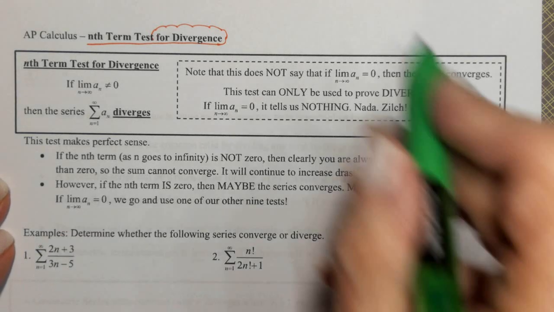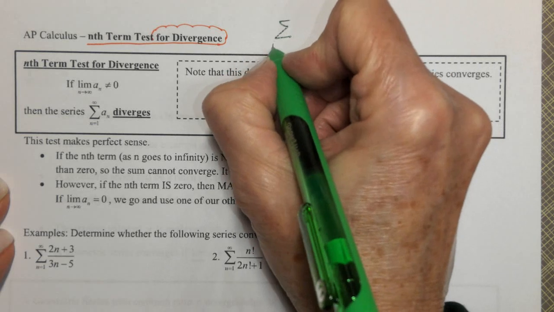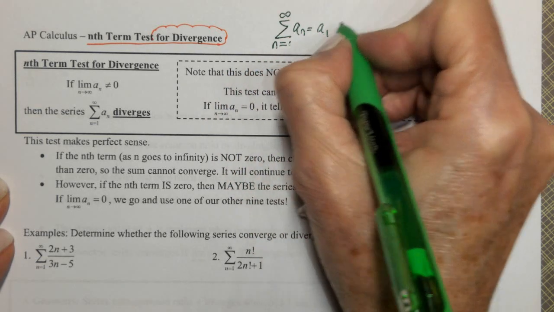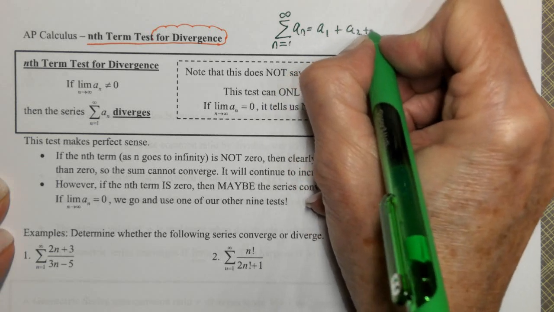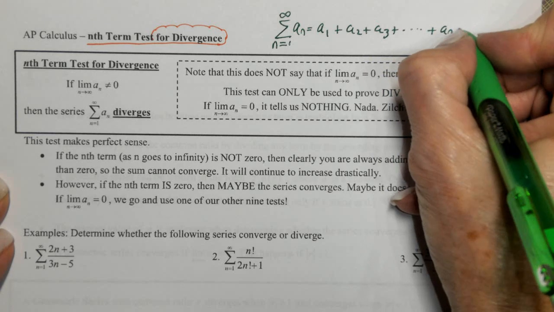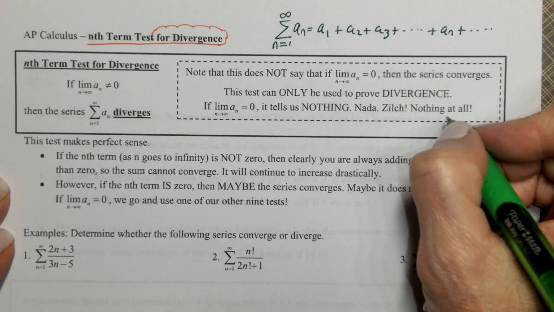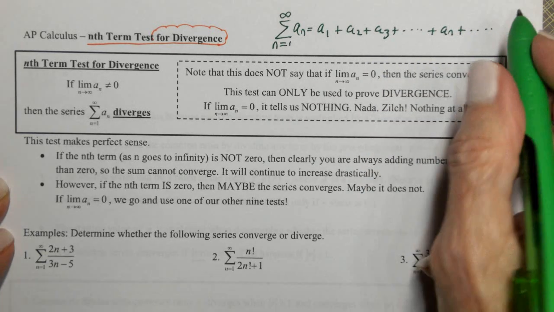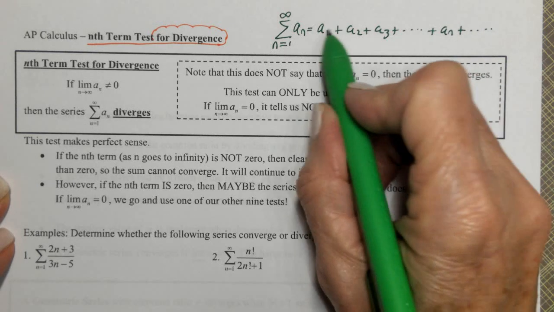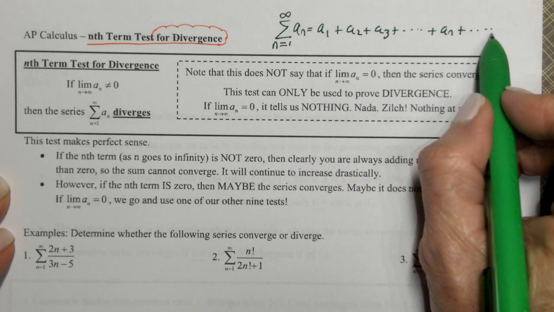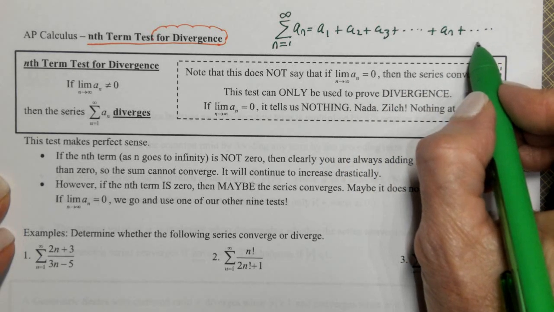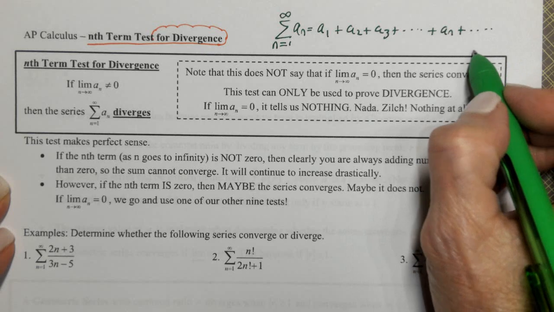If you have a series, a sub 1 plus a sub 2 plus a sub 3 plus on and on, plus a sub n, and these terms are not going to 0 eventually, as the series goes on, then this series has got to diverge.